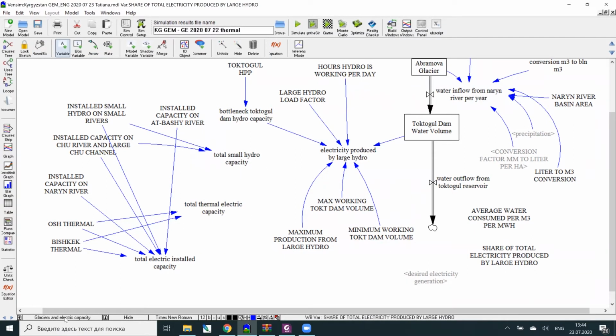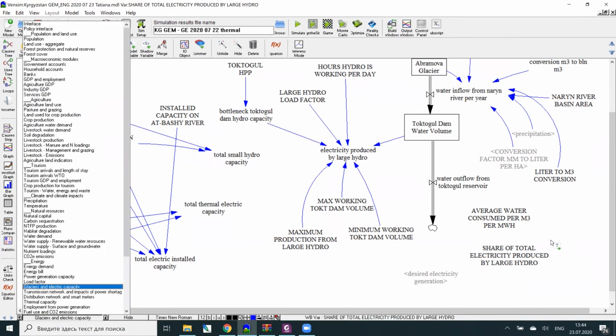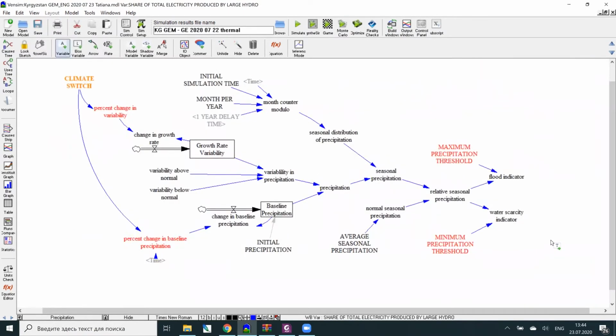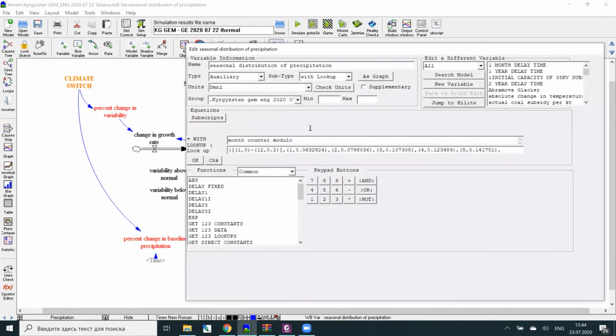disaggregation in a way. If you go to precipitation and then look at seasonal distribution of precipitation at the center there, and look at the equation. So this one uses the month counter, for every modulo month you have as an input.